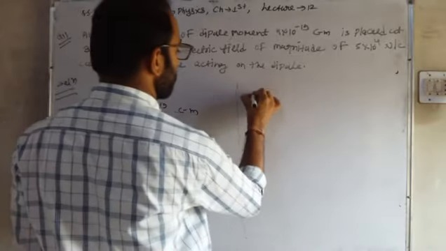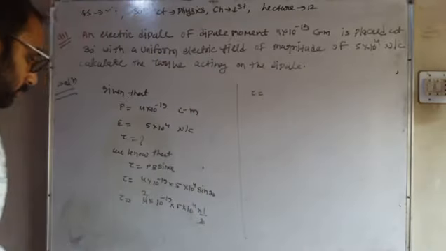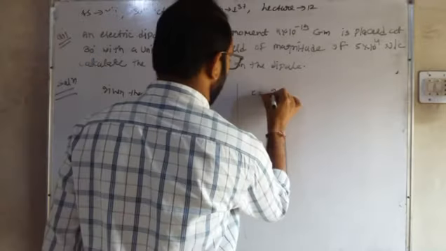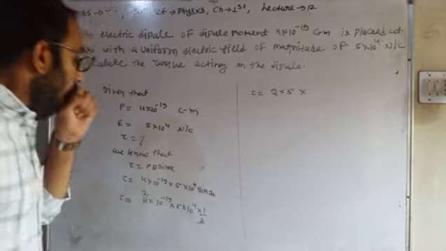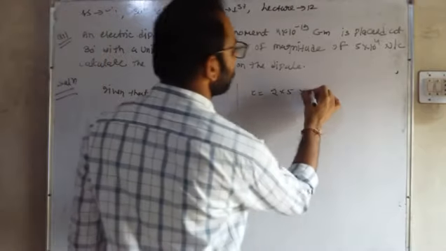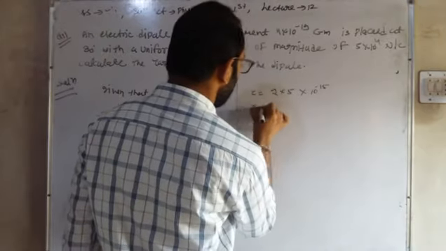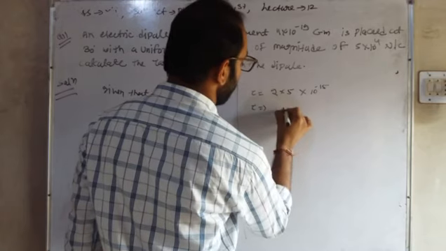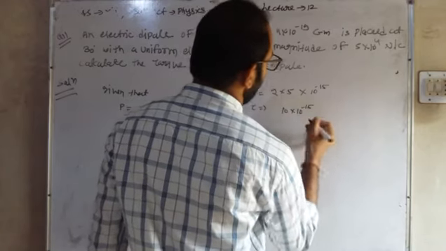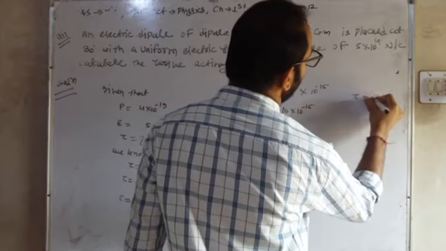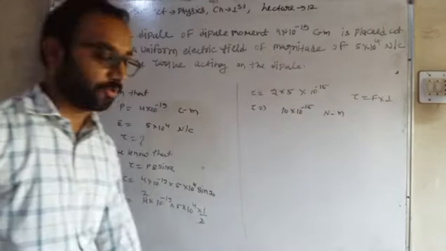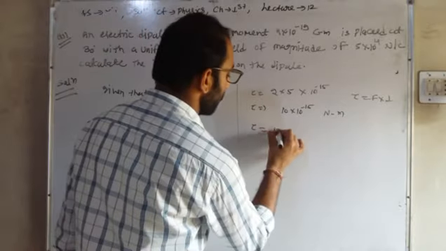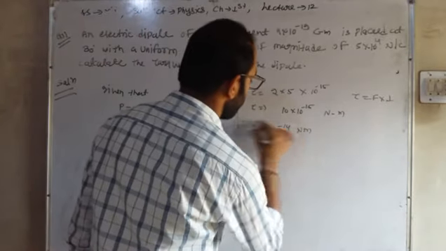Then 2 multiplied by 5 into 10 to the power 4 gives 10 into 10 to the power minus 15. Torque is equal to 10 into 10 to the power minus 15. The unit of torque is force multiplied by perpendicular distance, so Newton meter, or also represented as 10 to the power minus 14 Newton meter.